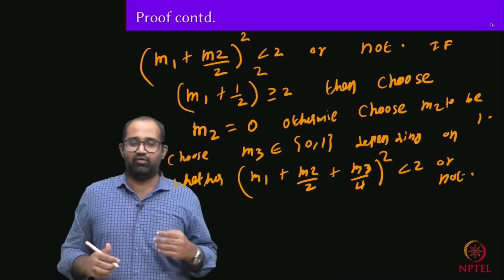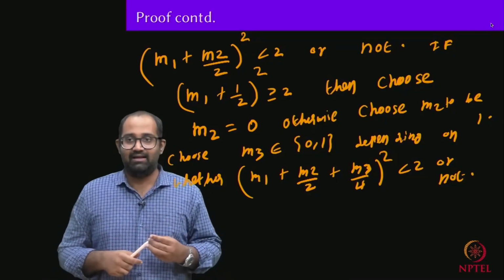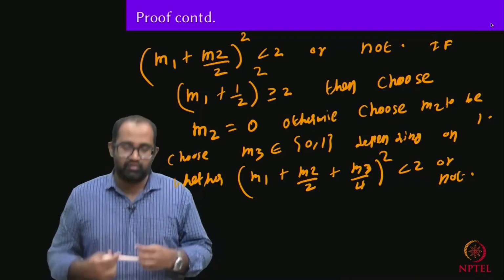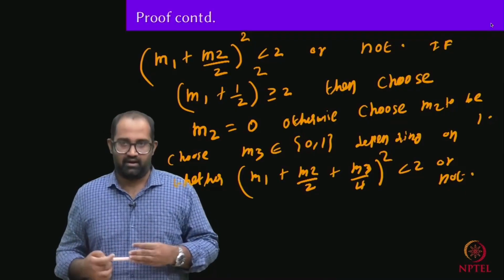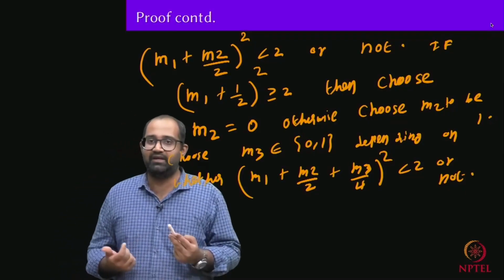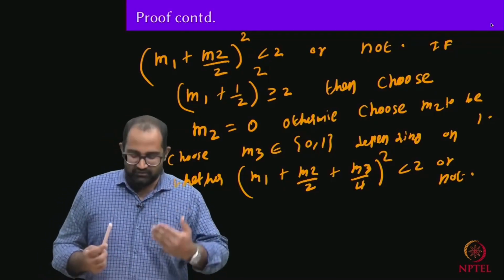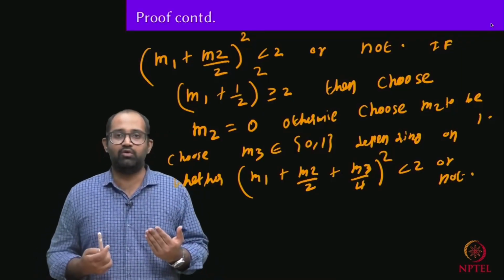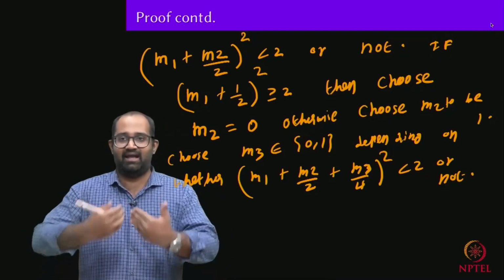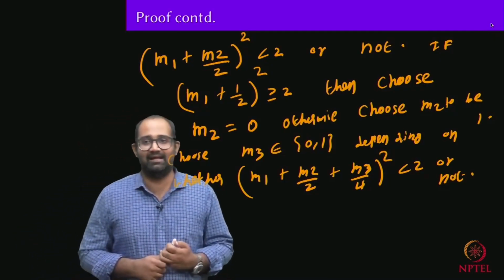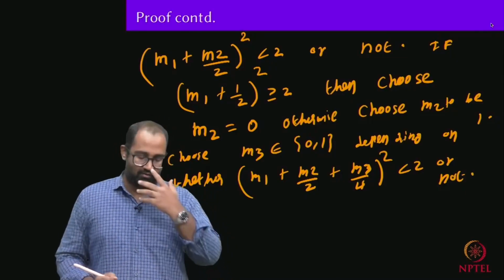That is, if M1 plus M2 by 2 plus 1 by 4, the whole squared, is greater than or equal to 2, then choose M3 to be 0. If it's less than 2, choose M3 to be 1. And in this case, we know that M3 is going to be 1. So M1 will be 1, M2 will be 0, M3 will be 1, because 1.25 squared is less than 2. So similarly, you keep extracting the digits one by one. Okay.